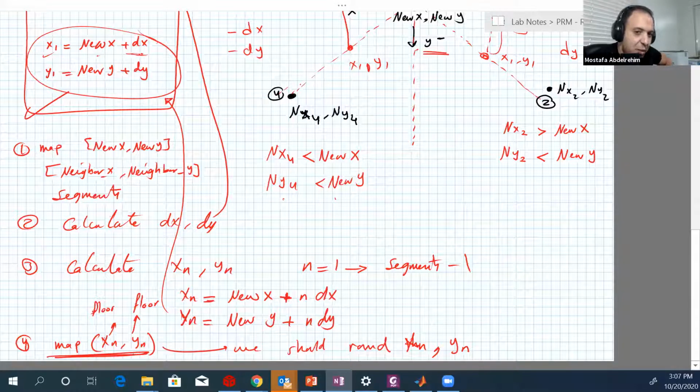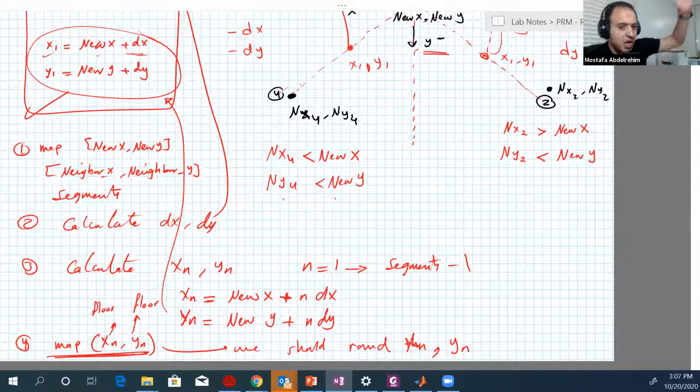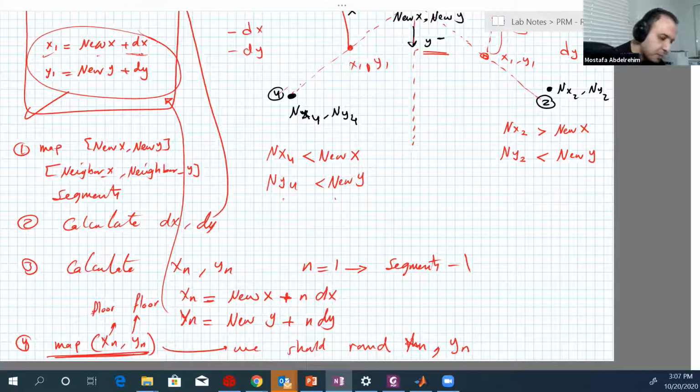You can't say map of 1.1 and 2, for example. You can say map of 1 and 2, or even 2 and 2, okay? I usually go with the floor, and the floor is okay. If you want to make a rounding, you can round up or down based on the decimal number. So for example, 3.4 will be 3 and 3.6 will be 4. It's up to you. Both will work.